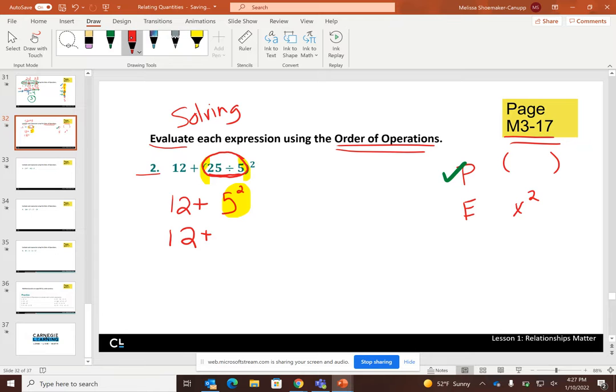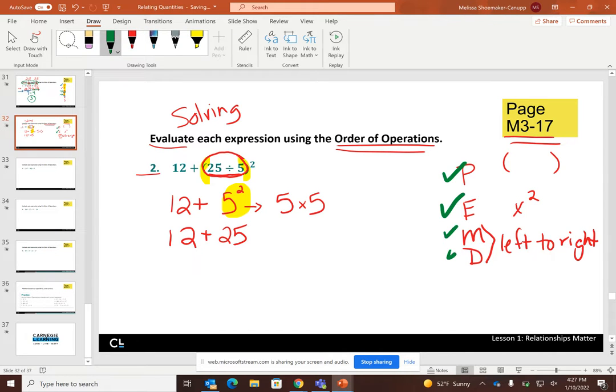Now remember, 5 squared is the same thing as 5 times 5, which is 25. So I have completed step 2 of my PEMDAS. Remember, the next one would be multiply and divide, left to right, whichever comes first. I don't see any multiplication, so I'm skipping those.